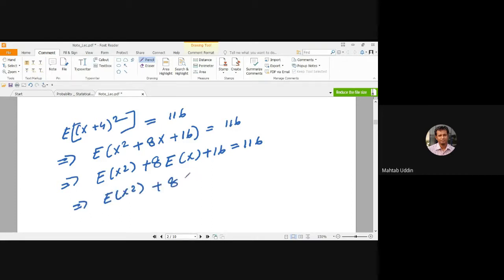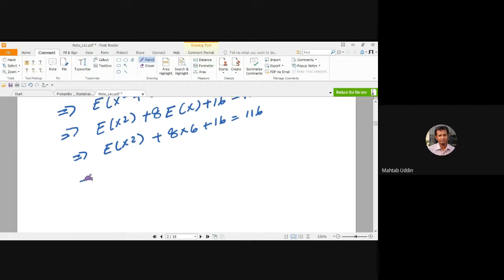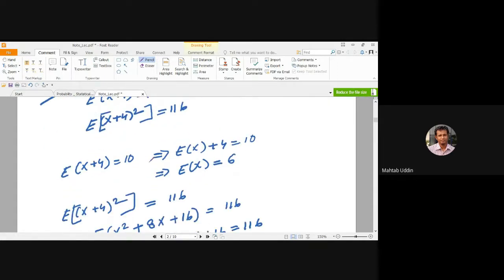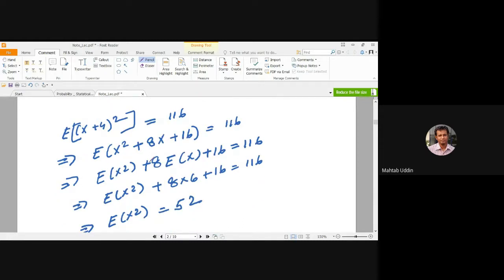Plus 8 into 6 plus 16 is equal to 116. Then this is 48 plus 16 is 64. So 116 minus 64, so expectation of x squared is 52. So both the expectation of x and expectation of x squared are in our hand. Am I right? Can you see? Yes, sir.